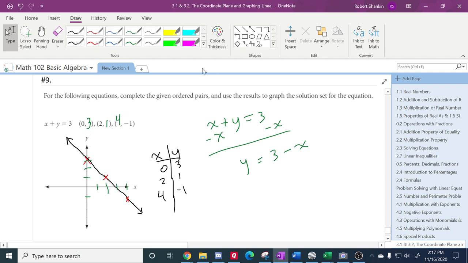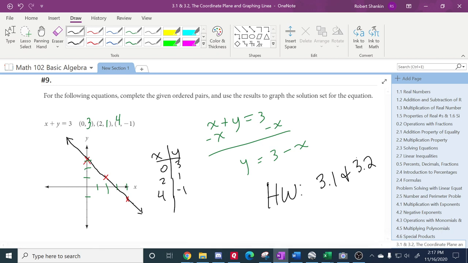Alright, so the homework is these 2 sections, 3.1 and 3.2. And you've got an exam coming up the next time that we meet.